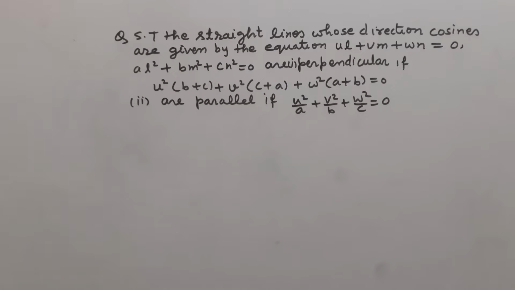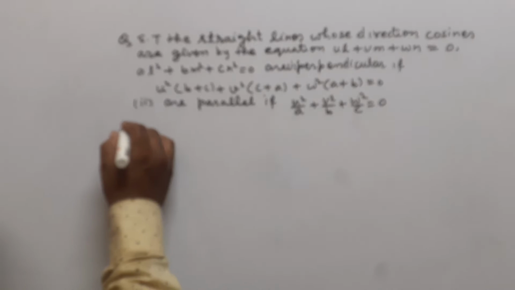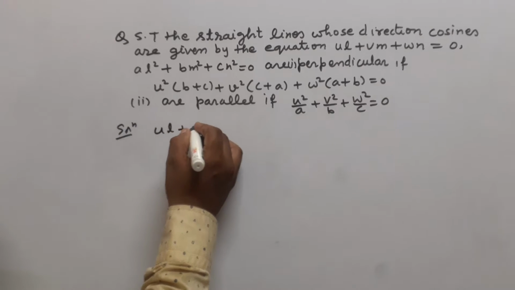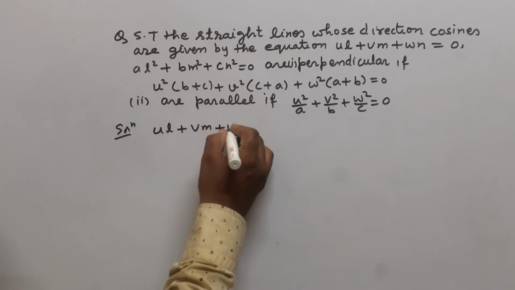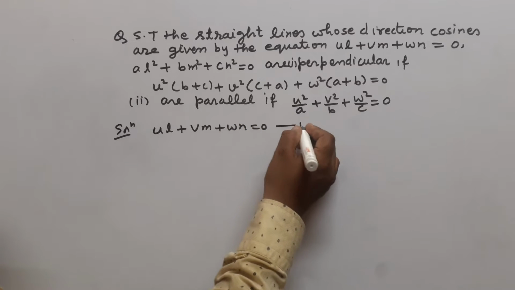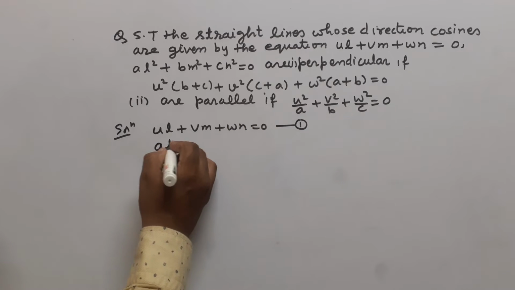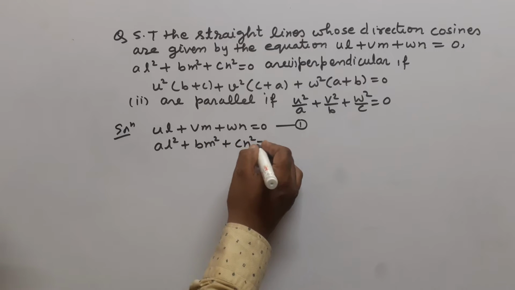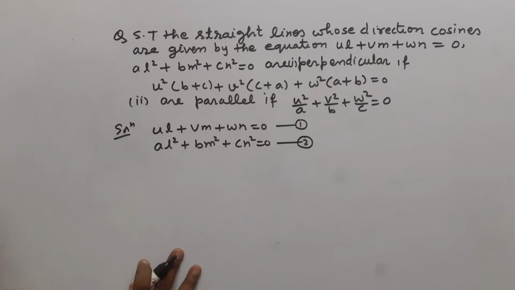So first we write here the relations ul + vm + wn = 0 and al² + bm² + cn² = 0.